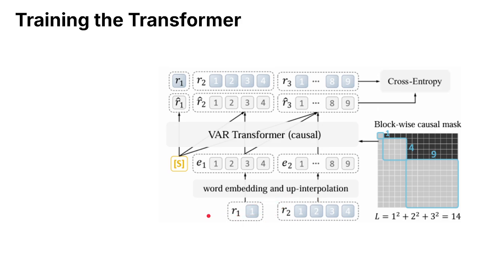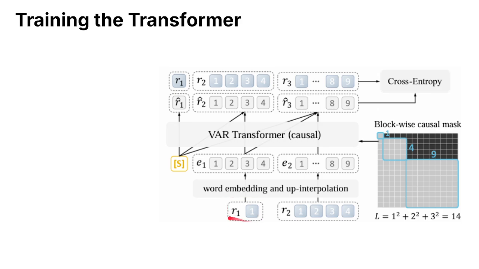Because just as the input of the transformer, we want the transformer model to understand how to expand from a lower resolution to a higher resolution. So let's say this R1 is basically up interpolated into 4 tokens and the start token. These two are used to create the R2 itself, R2 hat, right?